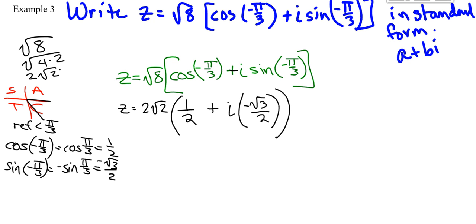And yeah, I think I have the right amount of parentheses there. And then I want that to be in a plus bi form, right? So when I distribute that, what am I going to get? Square root of 2. And minus, correct? And what's that other part going to be?